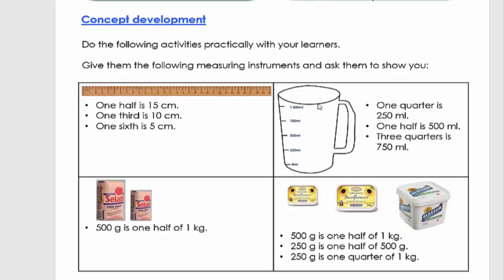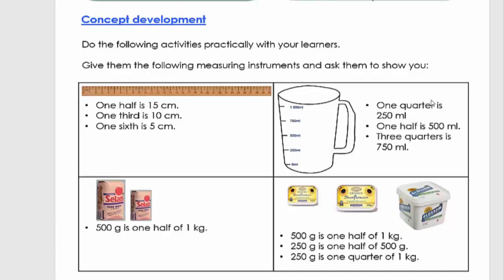Welcome back. So now the next practical activity is you're going to use a 1-liter jug. Now parents, this is a great activity when you cook and bake in the kitchen, where you can ask these types of questions informally. So I want you to have a 1-liter jug. We're going to ask, what is 1/4 of 1 liter?